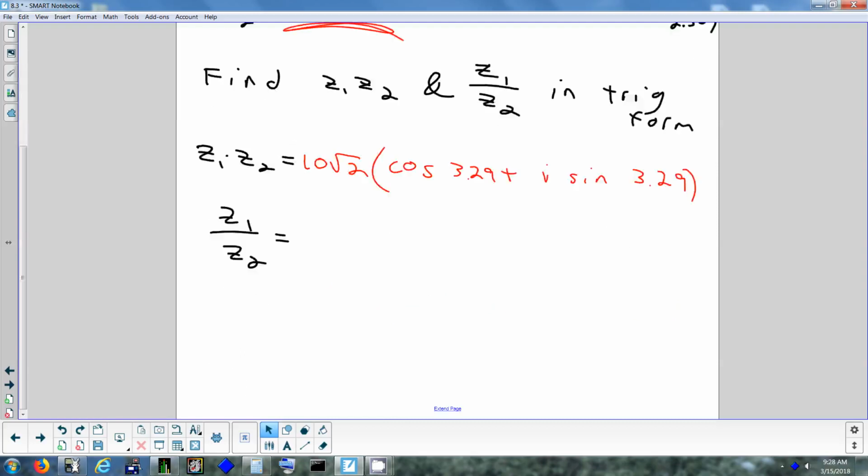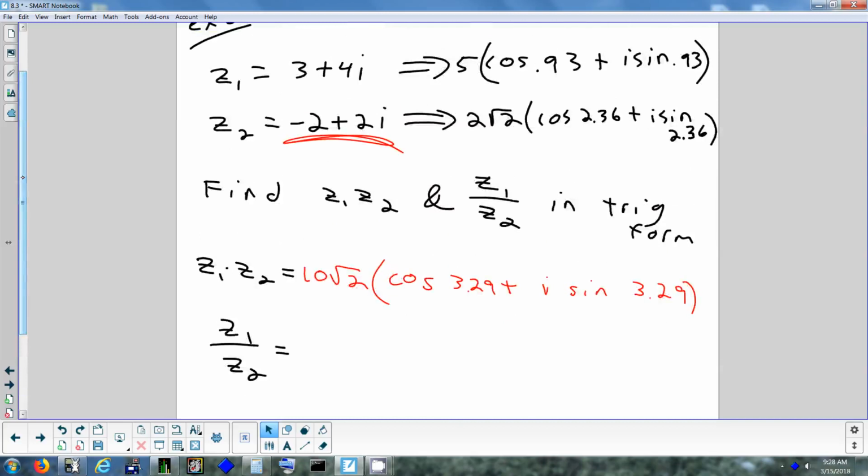Okay, so now let's divide. So now Z1 divided by Z2. We have to take R1 and divide it by R2. But when I do that, what's going to happen that I don't like to have happen? Something we're going to have to fix. There's going to be a square root.